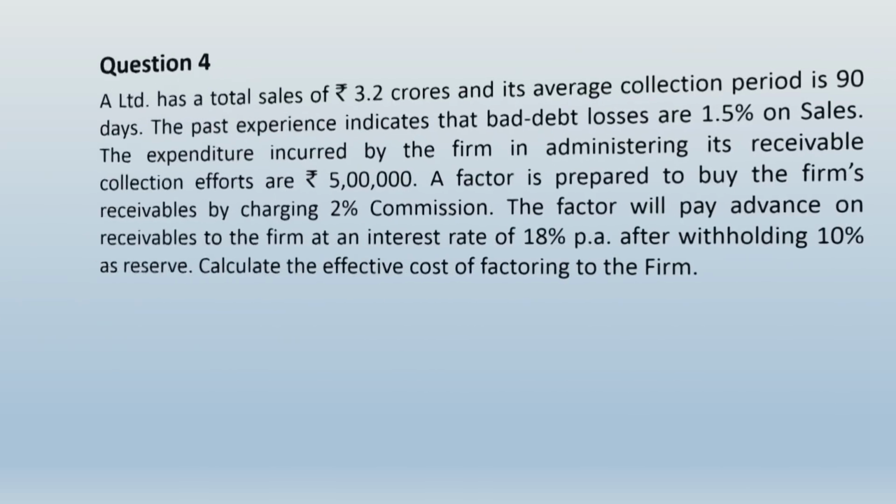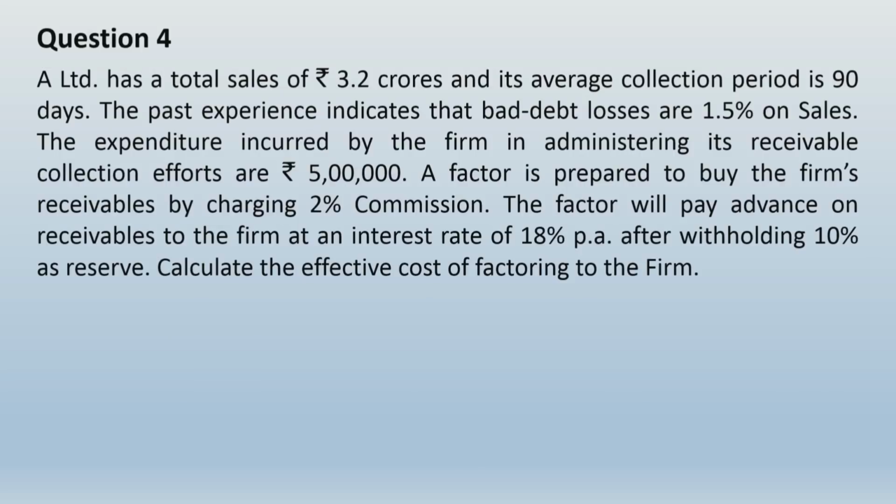Question number 4. A Limited has total sales of rupees 3.2 crores and its average collection period is 90 days. The past experience indicates that bad debt losses are 1.5% on sales. The expenditure incurred by firm in administering its receivables collections efforts are rupees 5 lakhs.